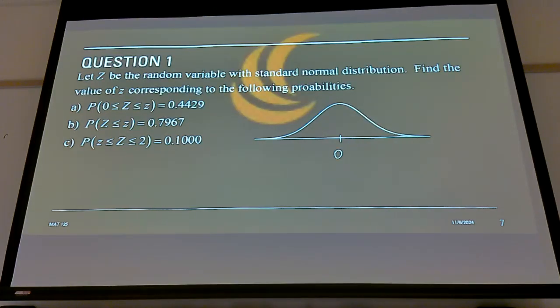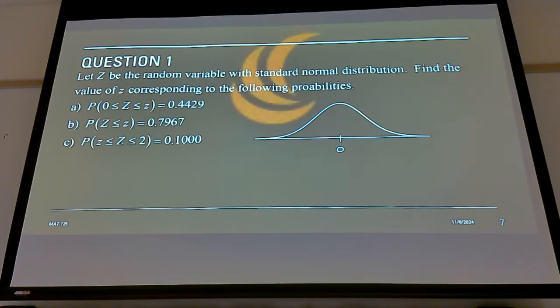Now remember, that is the mean, so that's 0. So we want the probability between 0 and some value z to be 0.4429. So let's call that value there z.